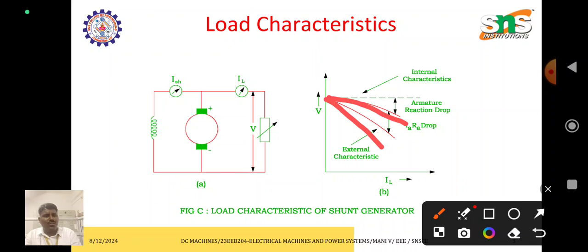The field current is maintained constant to supply the rated voltage. While the load current increases, the voltage supplied to the load decreases. So we plot the characteristics between the increased load current and the voltage, which decreases. This is the curve between load current and voltage.